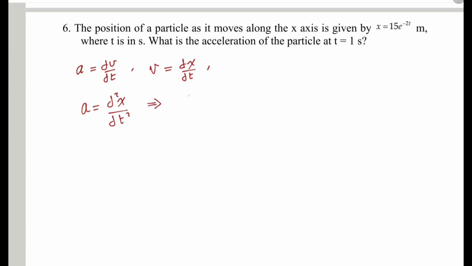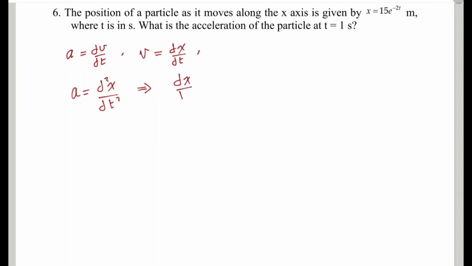You derive x with respect to t, so it's equal to minus 30 e to the minus 2t, and the second derivative with respect to t equal to 60 e to minus 2t in this case.